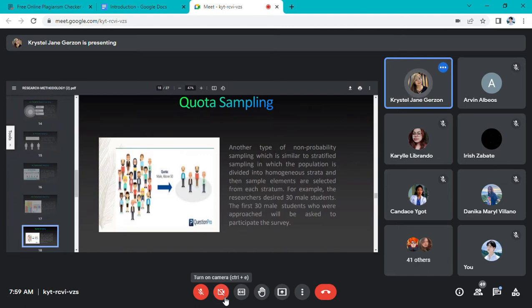So you will now stop looking for respondents and proceed to the other group. Let's say you need to get a certain number of respondents from TechVoc. Again, with quota, you will just stop once you have already reached your quota.